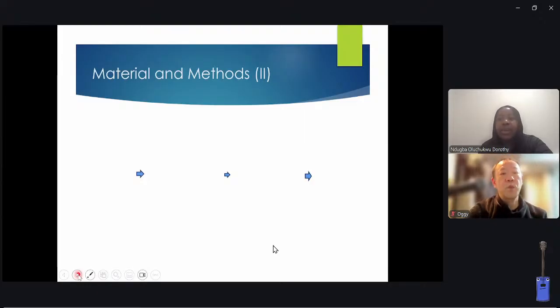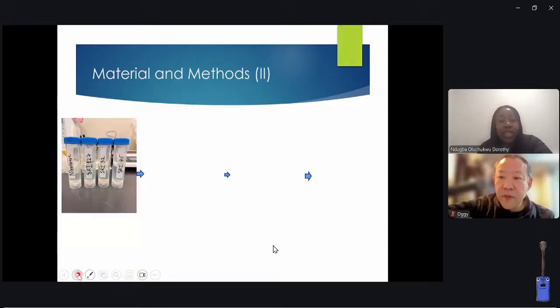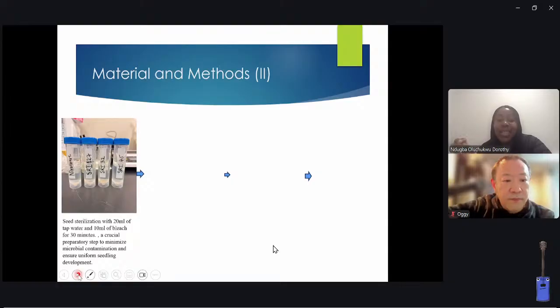So here are the materials and method. Like I said earlier, I'm going to be showing you the pictures of what I meant. So firstly, we do what we call seed sterilization, which is very important, because with seed sterilization, we are going to eliminate or minimize the microbial contamination and ensure there is a uniform seedling development within the seeds.